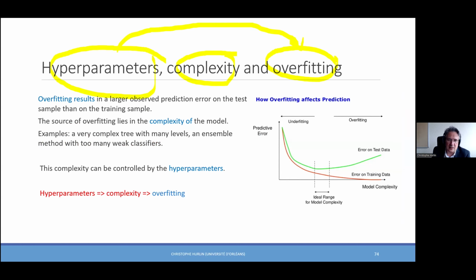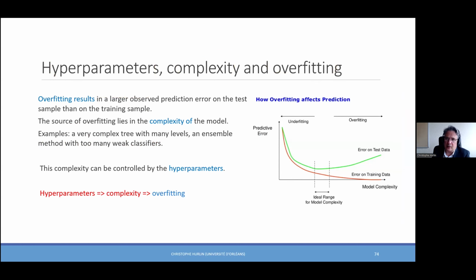So what is the idea? If we represent predictive error against model complexity, the error on the training data set always decreases, while the error on the test set decreases and then increases. Our goal is to determine an optimal or ideal range for model complexity.